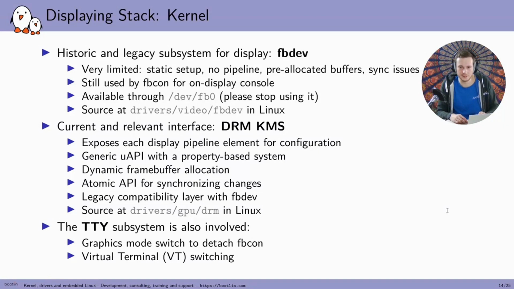And so this allows running multiple graphics sessions in parallel. So basically, you can have one graphics session per virtual terminal. So this is quite nice if you want to run multiple display servers and multiple desktop environments in parallel.